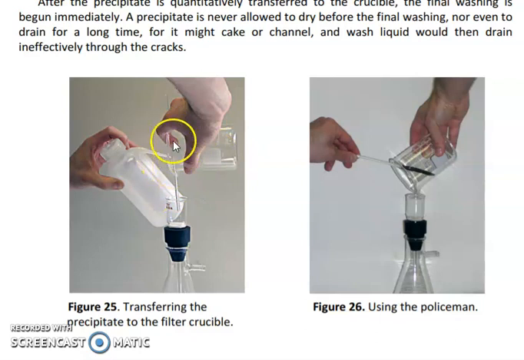You can see how gently they hold it, and in the other hand you have your wash bottle, and then you have the setup. So in this way you transfer the precipitate to the filter crucible. And at last, if you have something left, you can see how little amounts you can transfer using the policeman.